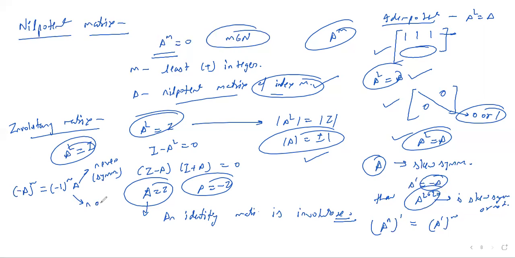If n is odd, then this matrix will be skew symmetric, because in this case A transpose is equal to minus of A. Here n is 2020, and you can see that this n is even.